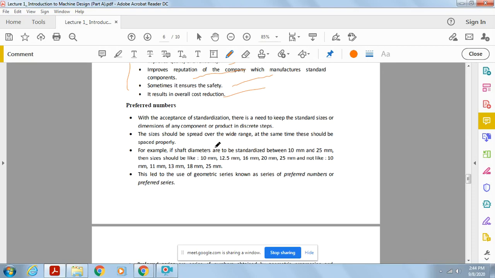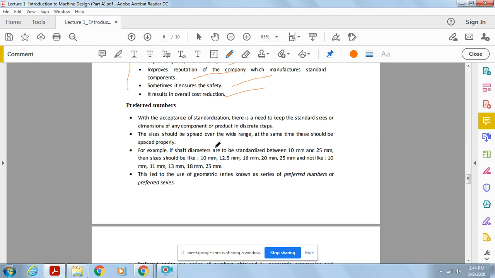Okay, there are certain standards in size also, that only these particular sizes are available in the market. Which are the important types of size? In terms of size, it means in terms of diameter, maybe in terms of length, maybe in terms of power transmission. Engine capacity is generally denoted by HP, so a 5 HP engine, 6 horsepower engine or 8 horsepower engine, but not that a 7 horsepower engine may be available within that range.